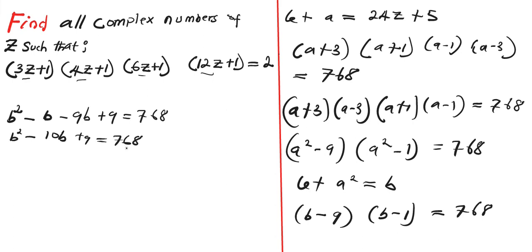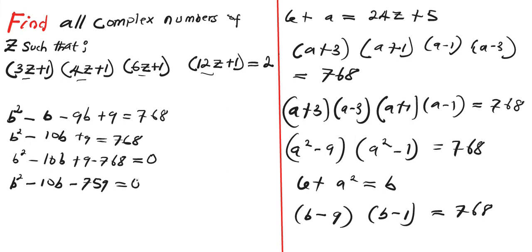If we take 768 over to this side, we have b² - 10b + 9 - 768 = 0, and this will give us b² - 10b - 759 = 0. So this becomes a quadratic equation, and we are going to solve this using the factorization method.